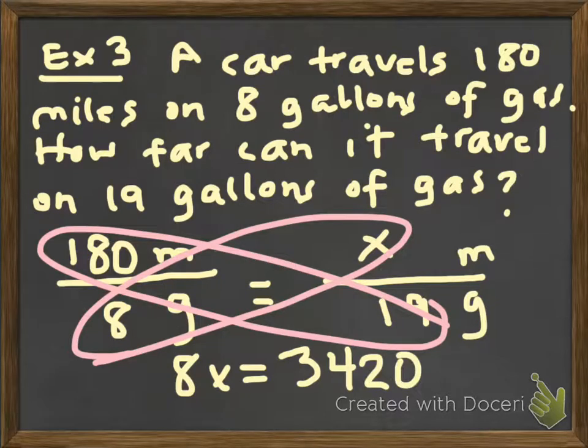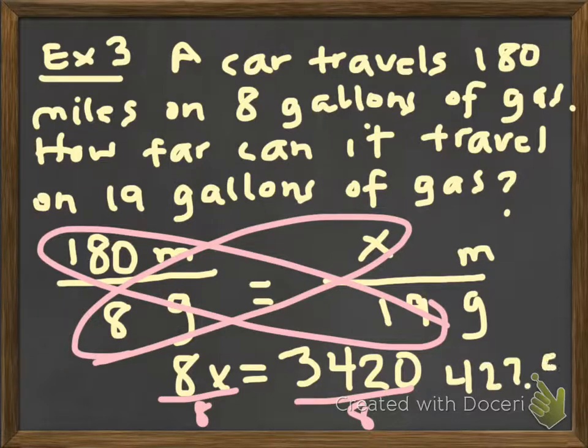Divide by 8. Divide by 8. And the answer you get is 427.5 miles. So on 19 gallons of gas, the car can go 427.5 miles.